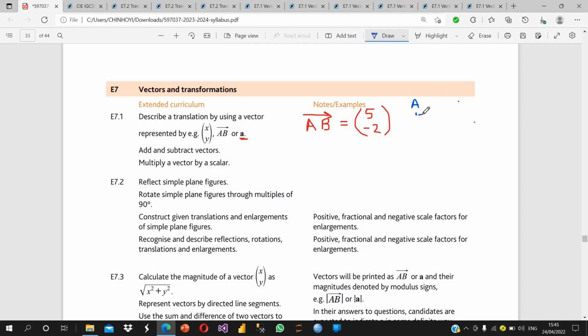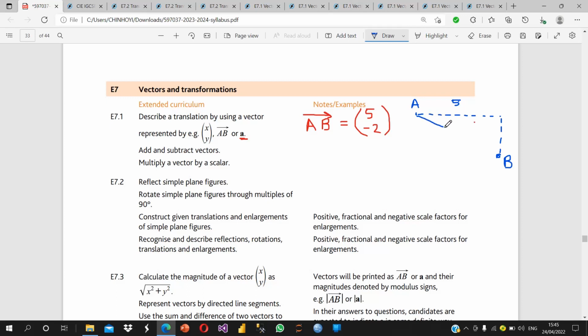So in this case, I'm going to move 5 units in the x-axis. Then at this point, I'm now going to move 2 units downwards because of the negative sign. That's 2 units downwards. So this is where I'm going to have my point B.